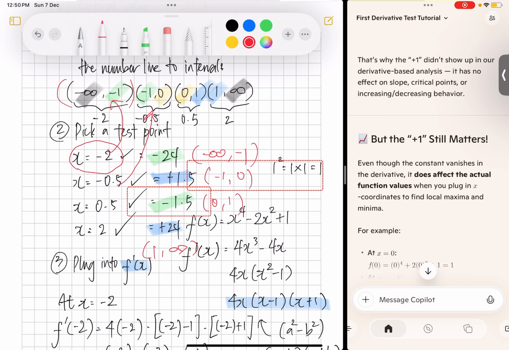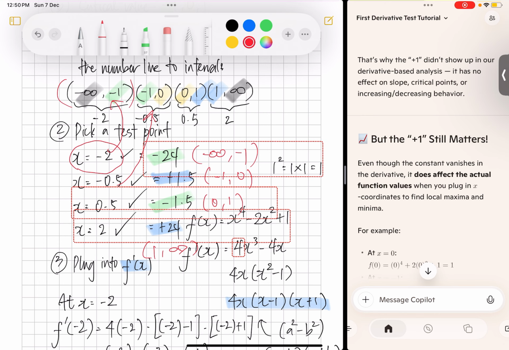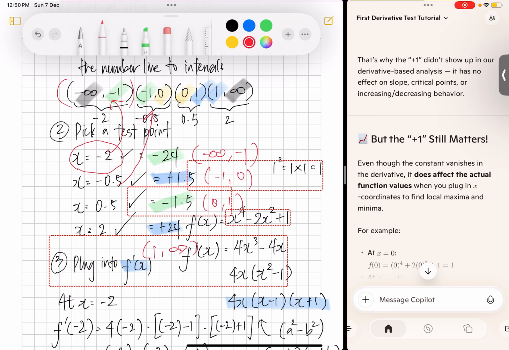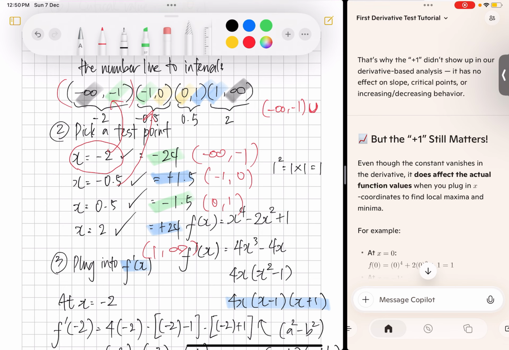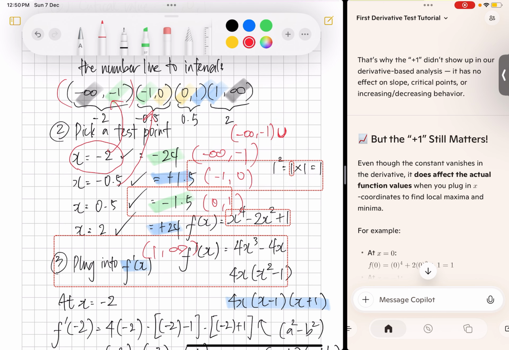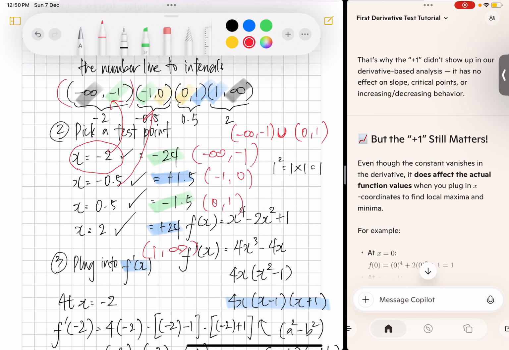Because there's a relationship between negative 24 and negative 1.5, that means there's a relationship between negative infinity, negative 1, and then this symbol means union. Sorry, it's not going to fit. They will have a relationship between 0 and 1, like this.